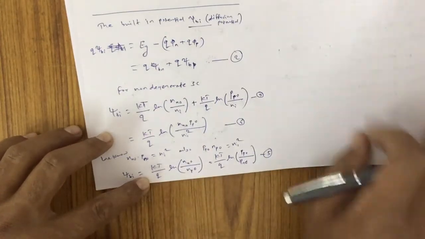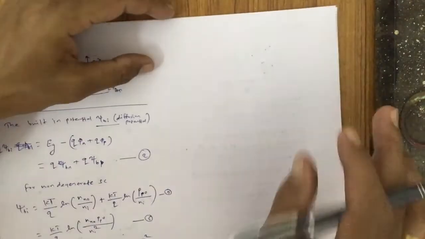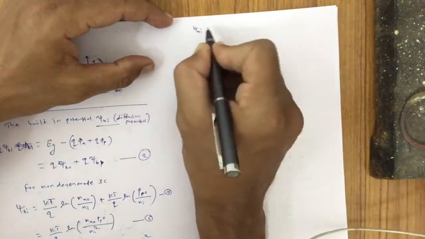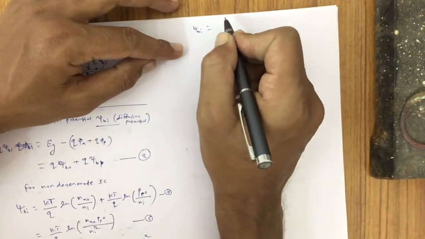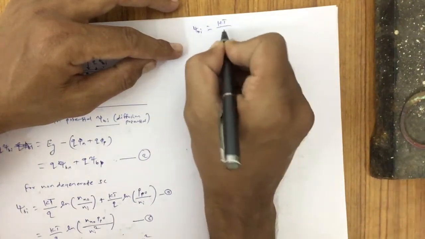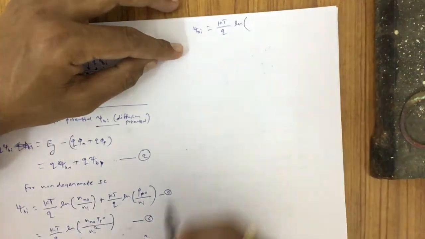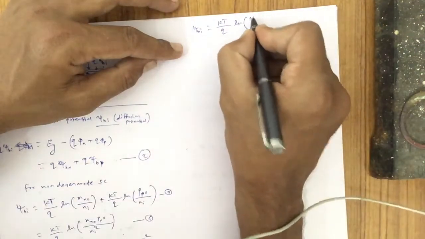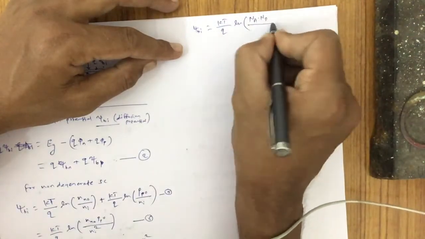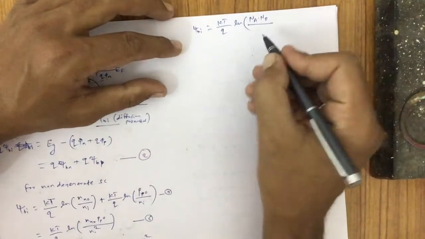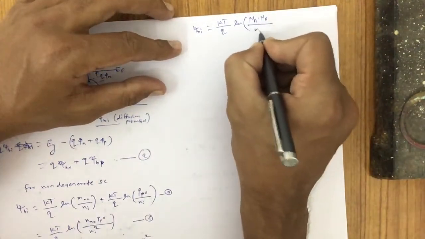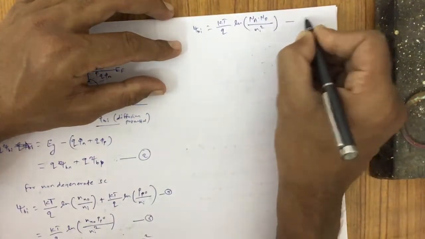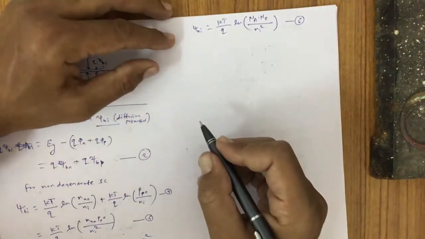Let's have one more relation: psi bi is equal to kT by q ln of Na into Nd upon ni square. This is also one of the equations for the built-in potential.